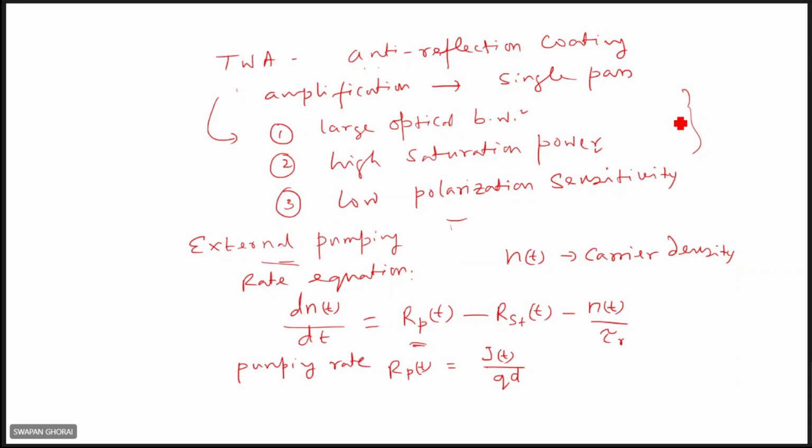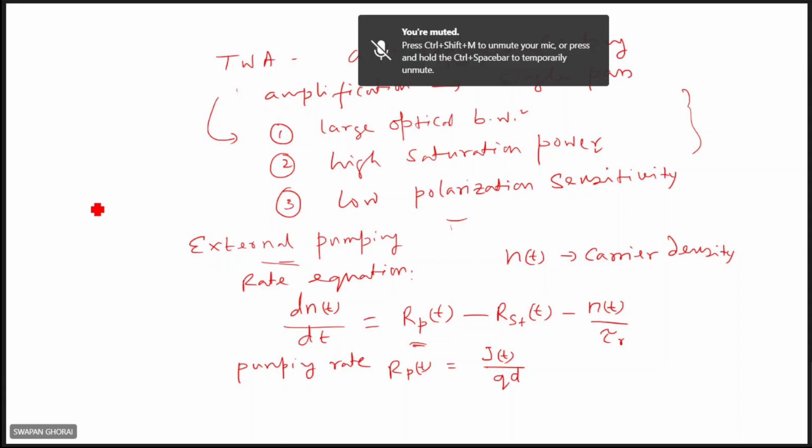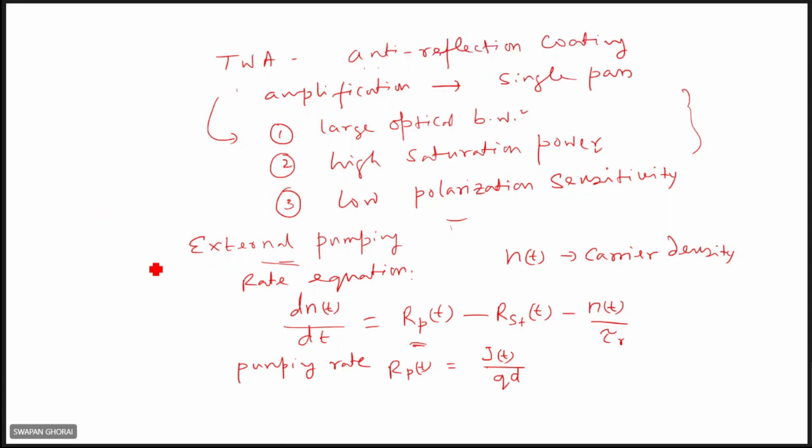So you can also estimate this gain if you know the rate equations. A little bit of theory should also be known: the rate equation for external pumping. External pumping can be using current or optical beams, and there are pump sources that I've shown you.